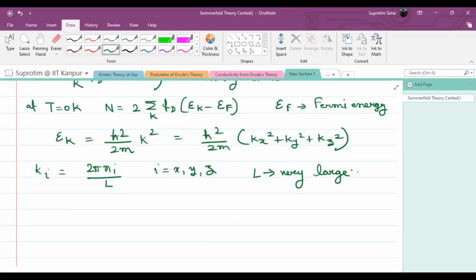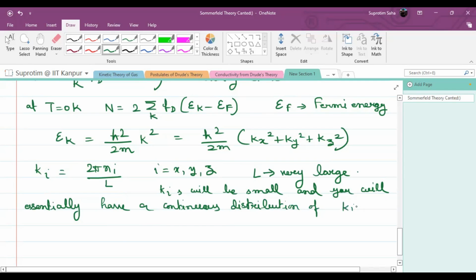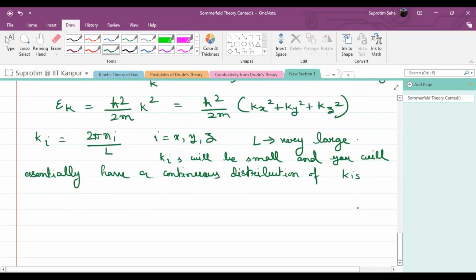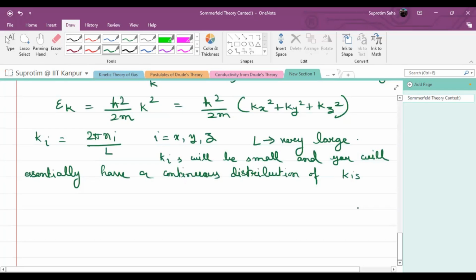So in the limit of L going to very large, k_i's will be small and will essentially have a continuous distribution of k_i's. So in this case, as L tends to very large, your k_i's will not be discrete, but will reach the continuum limit.